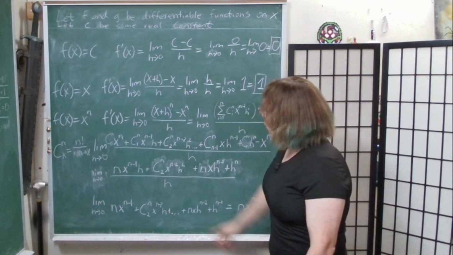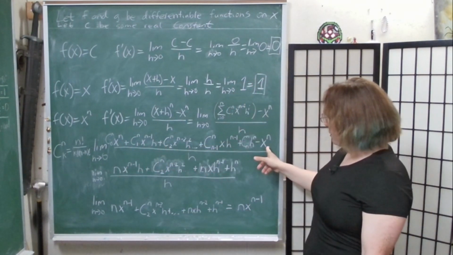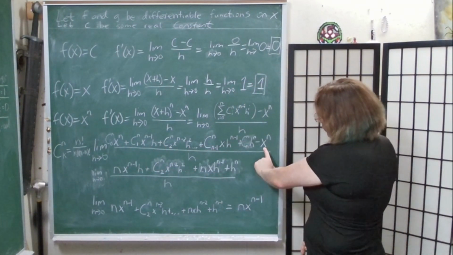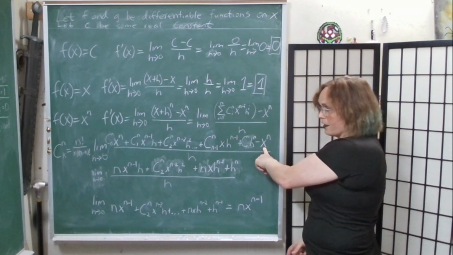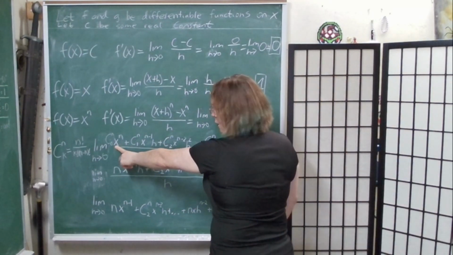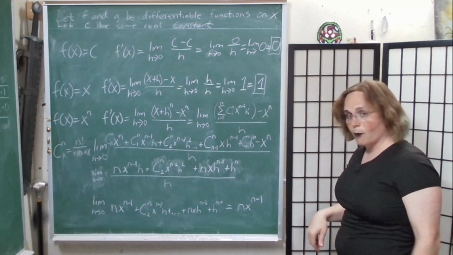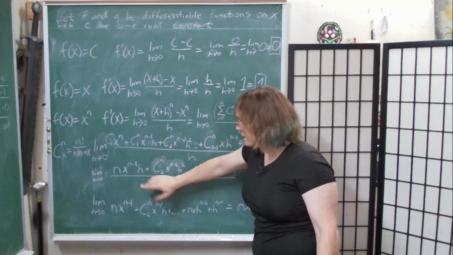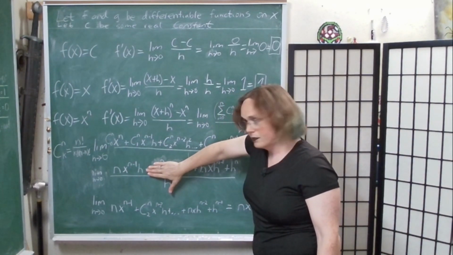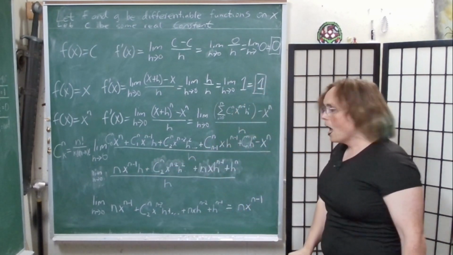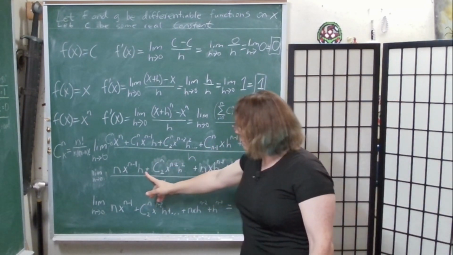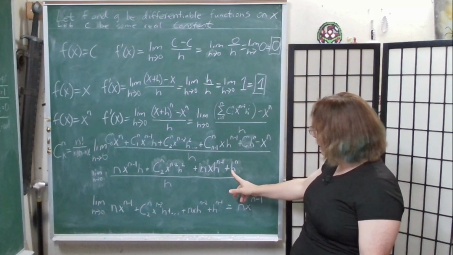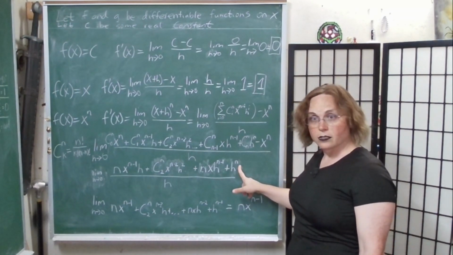Now, when we work this out, we have our x to the n over here, and we have our x to the n over here. They're going to cancel out and drop away, leaving us with an n x to the n minus 1 times h as our first term. And then you'll notice that every single term within here happens to have an h.